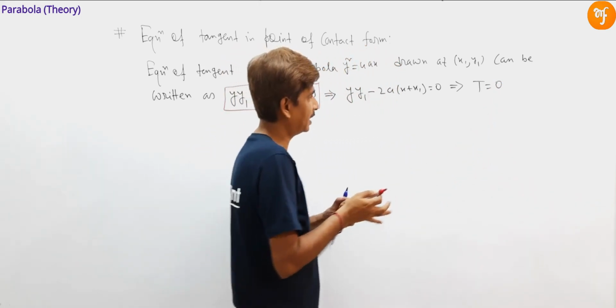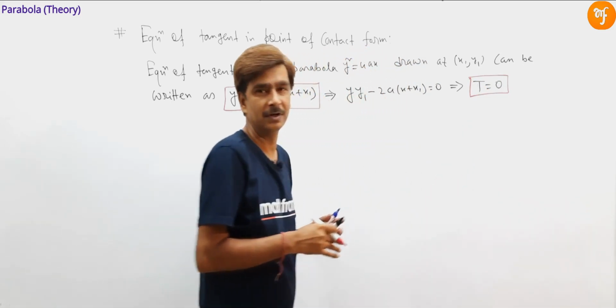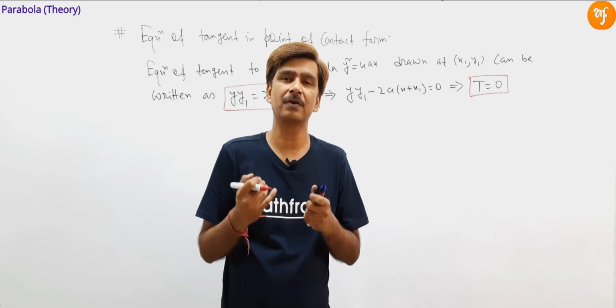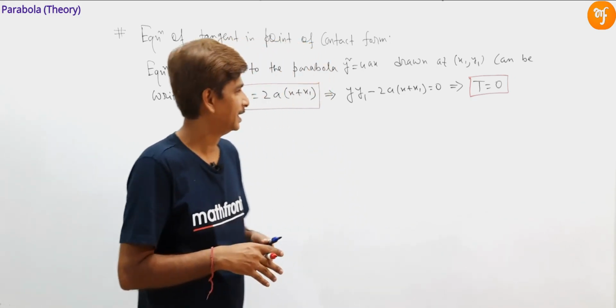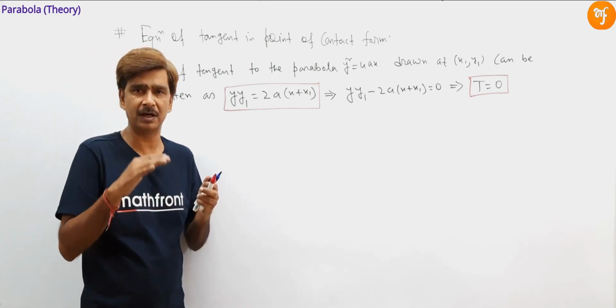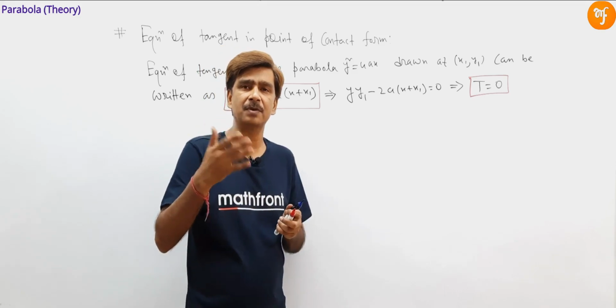So capital T is equal to 0 form. We all know capital T is equal to 0 always represents the equation of tangent in point of contact form.